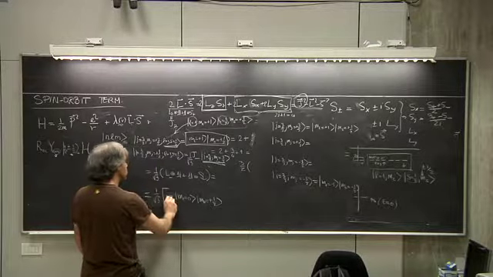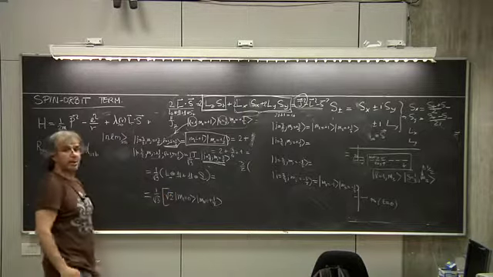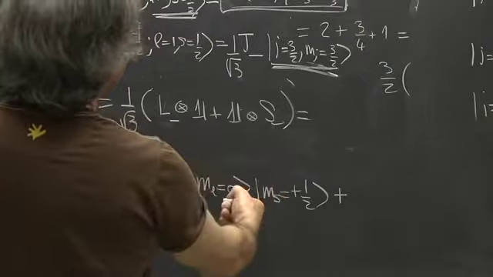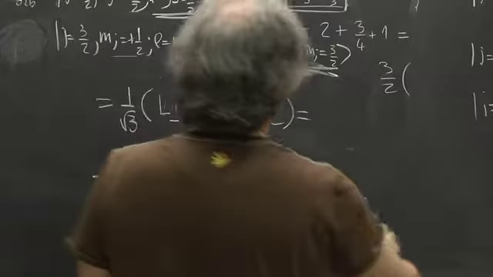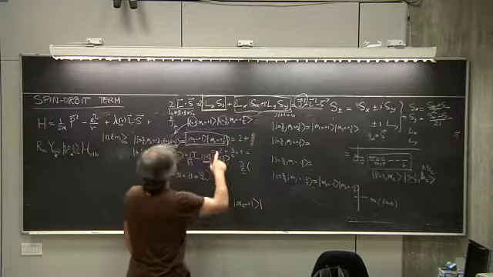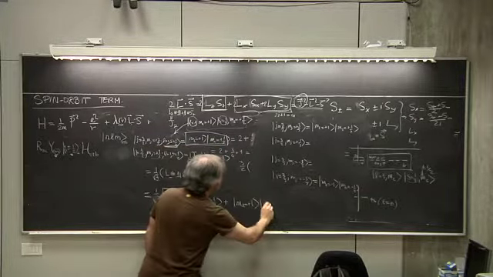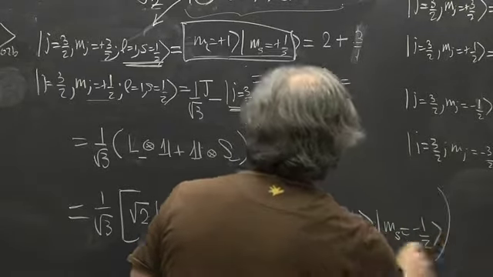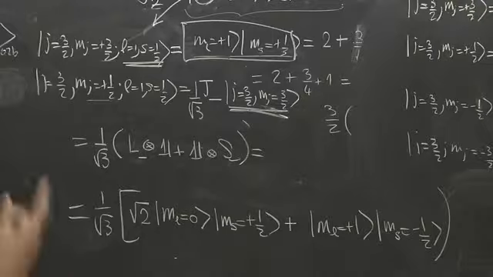L minus will also give you a square root of 2, if you remember. Plus, S minus doesn't care about this first piece, which remains, therefore, plus 1, but cares about this, which becomes minus 1/2. And there is no square root factor. I mean, it's 1.